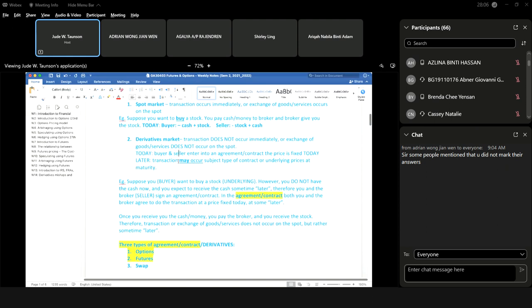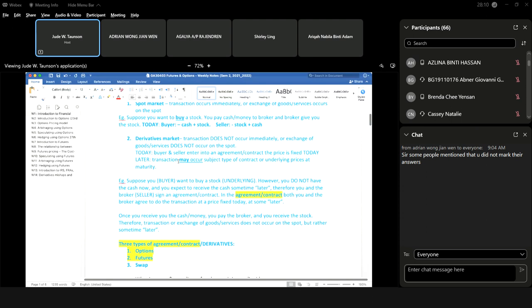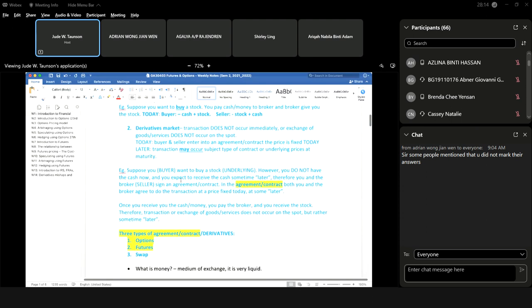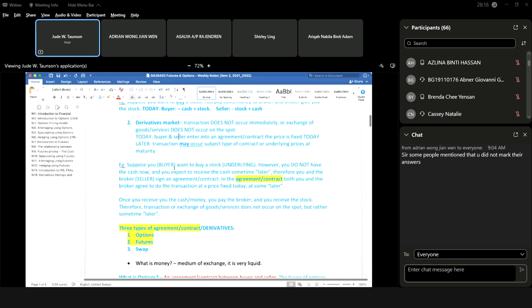Okay. Kita semua sign agreement untuk transaksi berlaku di suatu masa hadapan. For example, suppose we are the buyer, we want to buy a stock. However, we don't have the cash now, and we expect to receive the cash sometime later.